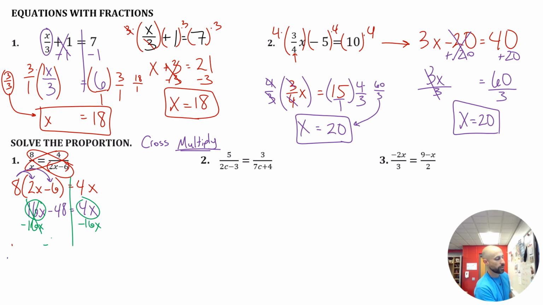Don't forget to bring down the negative 48. 4 minus 16 is negative 12. And then we are ready to finish solving. So we're dividing by negative 12, and x equals positive 4.